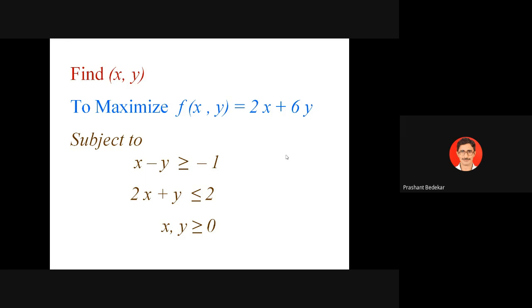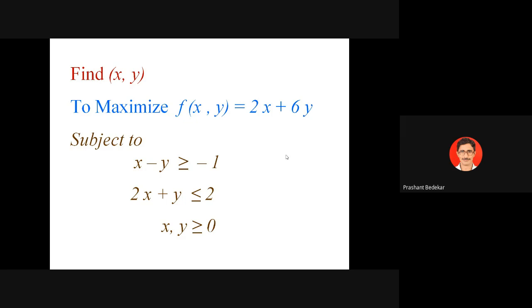You do not have to convert it. That is x, y greater than equal to 0, which means x greater than equal to 0 and y greater than equal to 0. That is the non-negativity constraint. It will be taken care of by the lower bound. It is not to be converted into less than equal to type.